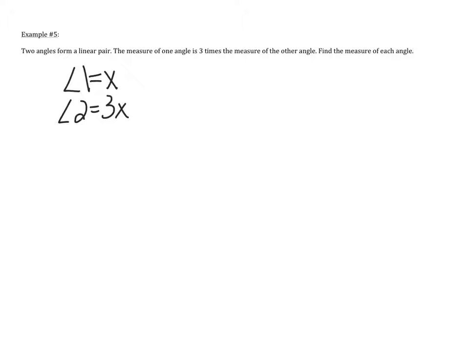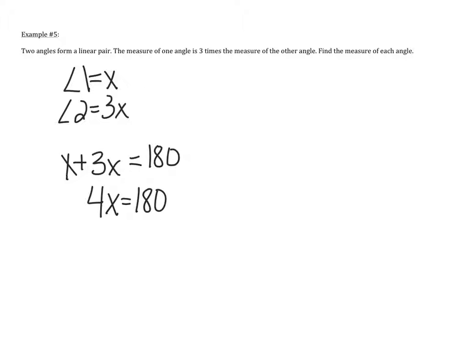So again, these two angles are a linear pair, which we said are supplementary. So if I take our first angle, x, add it to 3x, our second angle, they would equal 180 since linear pairs are supplementary. x plus 3x is 4x equals 180.